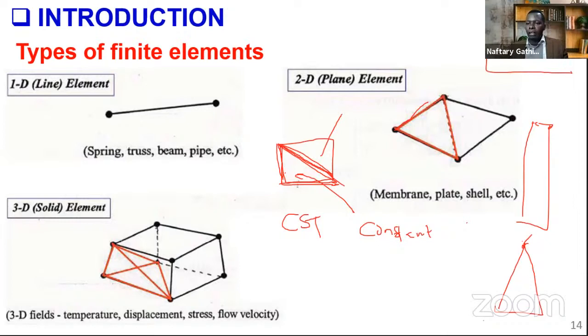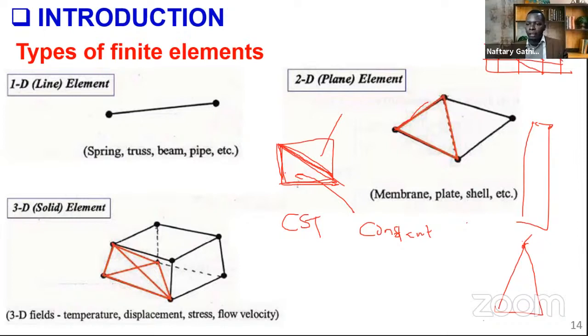So if we have our thin plate like that, then we discretize it using triangular, rather than rectangular, 2D elements, and discretize further to make them constant strain triangles.